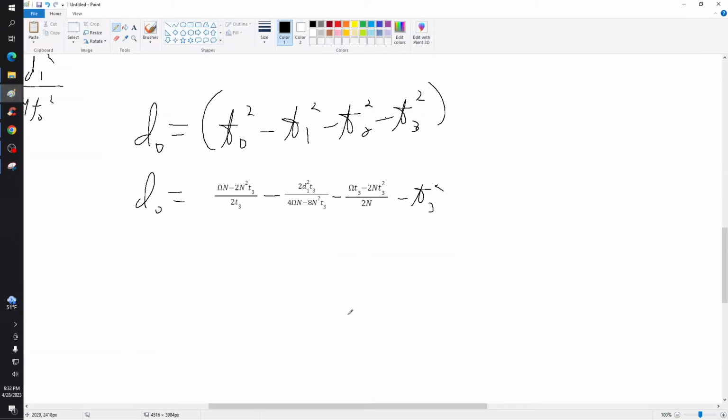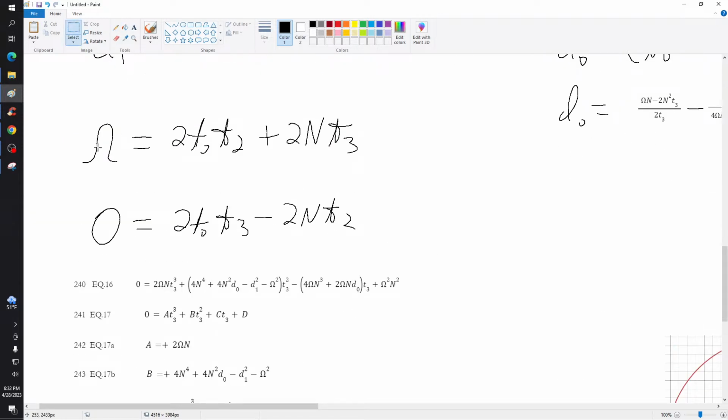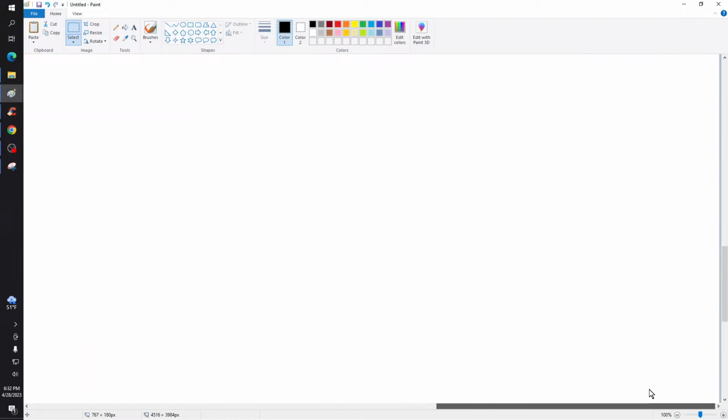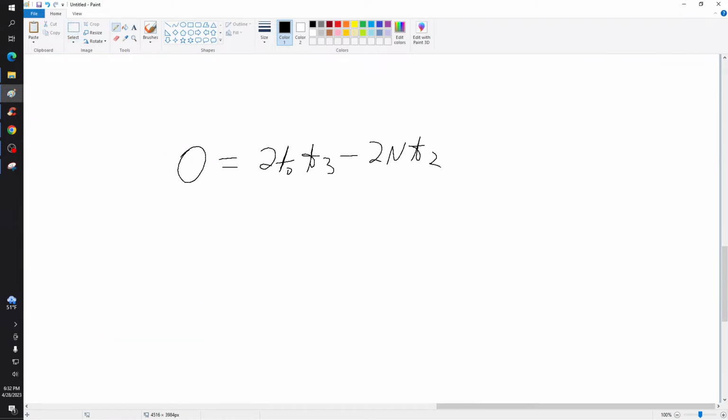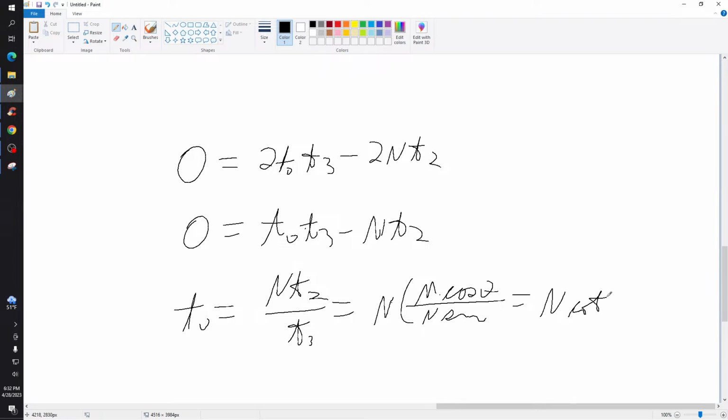So if we remember that from this system of equations here, 0 equals this, well then let's divide by 2 equals t null t3 minus n t2, okay? Then we're saying that t null is equal to nt2 over t3, which is equal to n times cosine theta over sine theta, which is equal to n cotan theta.